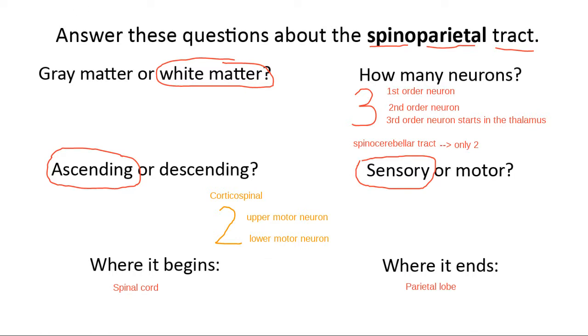The lower motor neuron is going to be found in the ventral horn of the spinal cord, where we had those motor neurons that go out to do skeletal muscle. So in a descending motor pathway, we're going to have 2 neurons, the upper motor neuron in the brain or the brainstem, and the lower motor neuron that's in the spinal cord and goes out to skeletal muscle.